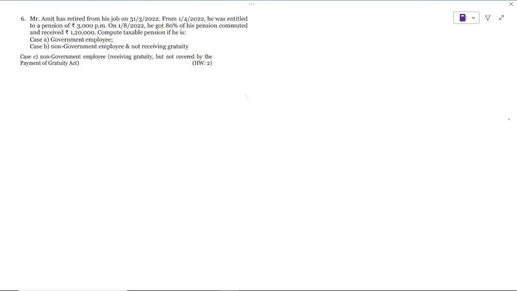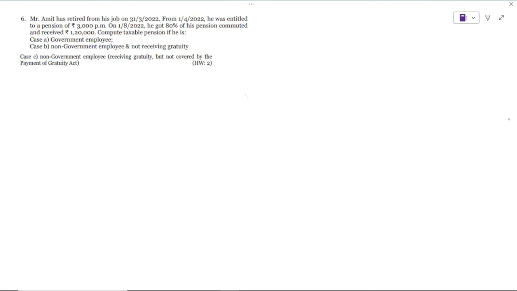Okay, on 1st August 2022, that means April no change, May no change, June no change, July no change. But on 1st August he got 80% of his pension commuted. Now what happens? He is getting 3,000 per month as pension.